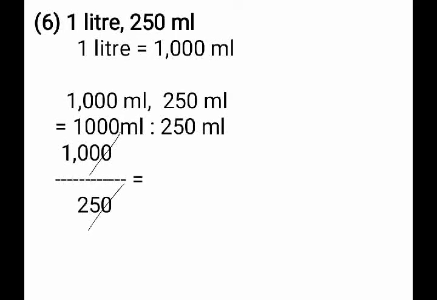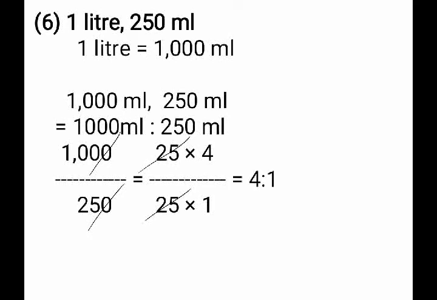That is equal to 25 4s are 100 upon 25 1s are 25. Cancel 25 on numerator and denominator. So what will remain? 4 upon 1. The ratio form of 4 upon 1 is 4:1.